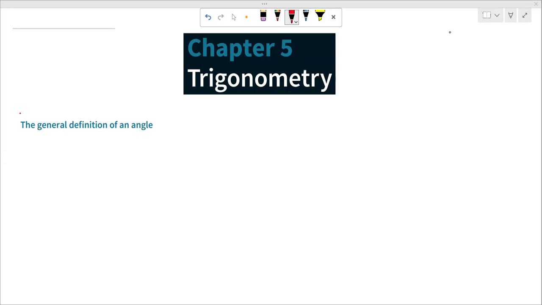Say here, actually, what is meant by basic angle? Basic angle or reference angle. Reference angle means the acute angle made with the x-axis is called a basic angle.